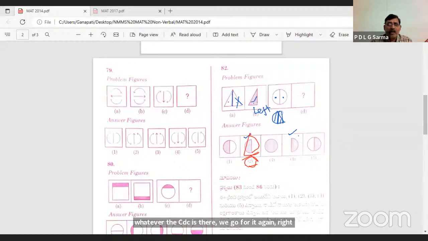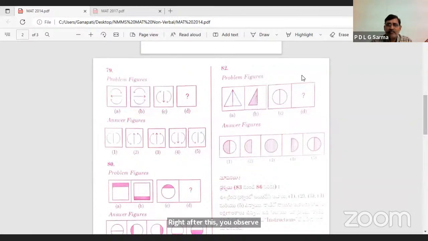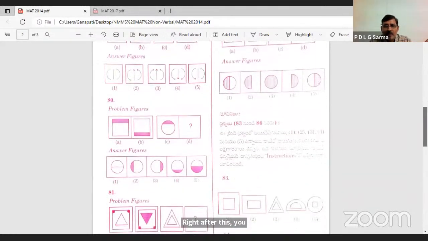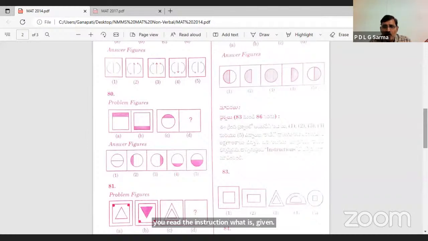Okay. I think now, right. After this, you observe what is needed. You read the instruction, what is given. You are given 5 diagrams, of which 4 are of the same type and 1 is different.